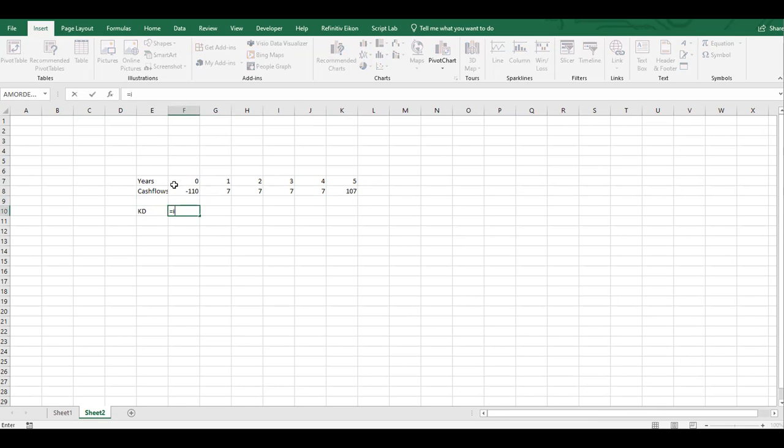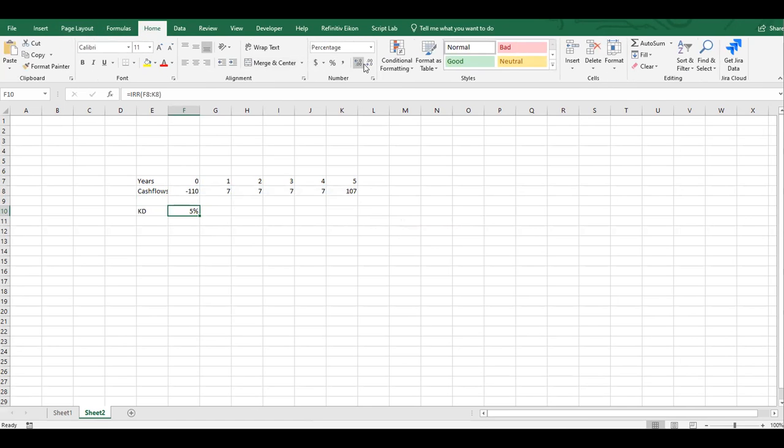KD is equal to, give the command of IRR, bracket start, KD is equal to 4.71%. So that's how to calculate the KD.